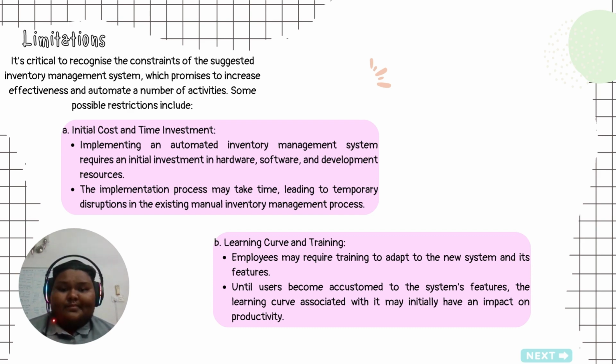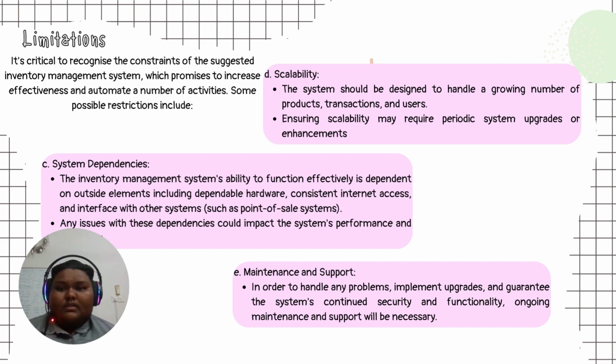Next slide is the system dependencies, which is C. The inventory management system's ability to function effectively is dependent on outside elements, including dependable hardware, consistent internet access, and interface with other systems, such as the point of sale system. Any issue with these dependencies could impact the system performance.